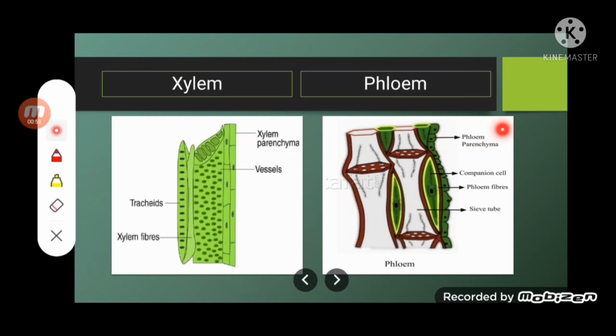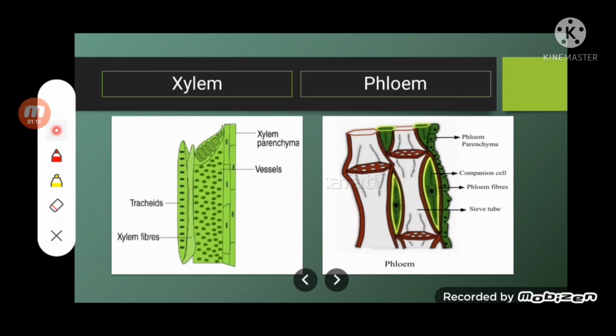Next, phloem parenchyma are associated with storing reserve food material. Plants, when they prepare food, reserve it in the form of starch. So these phloem parenchyma store that starch. And companion cells are specialized cells.